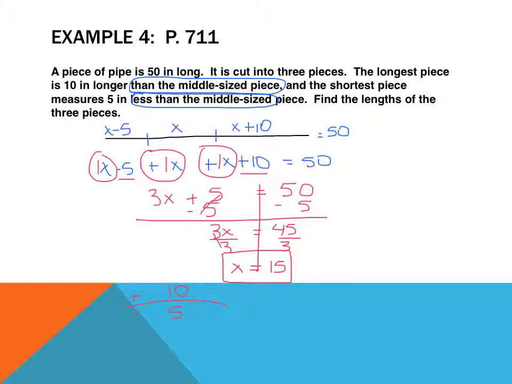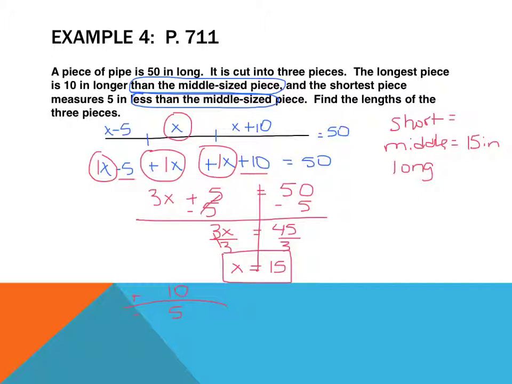But 15 is not going to give me all of the pieces. It's just going to give me the one that represents x. Looking back at your diagram, x is the middle piece. So we have short, middle, and long. My middle piece is 15 inches.